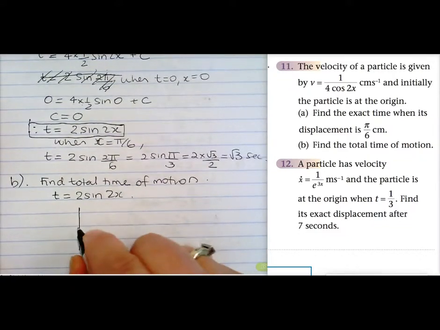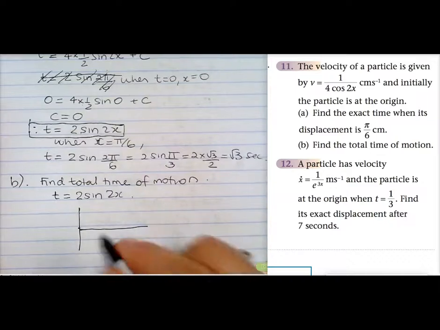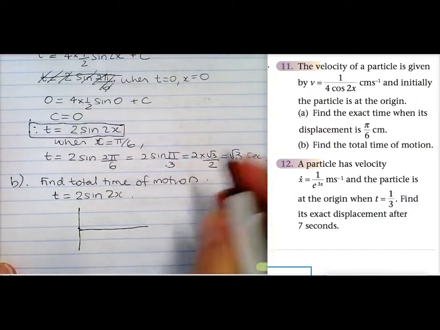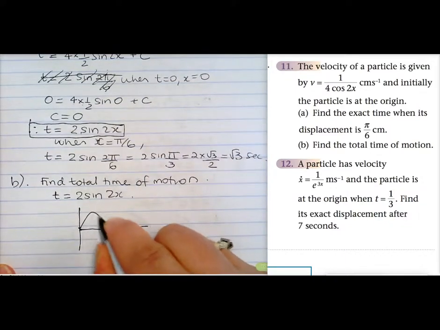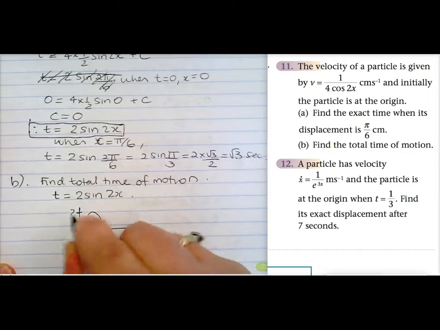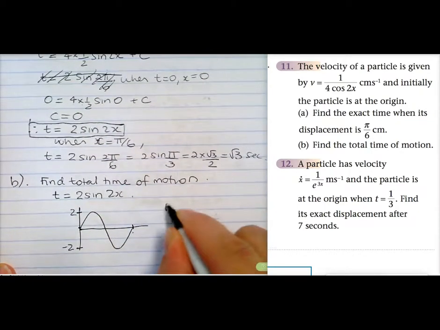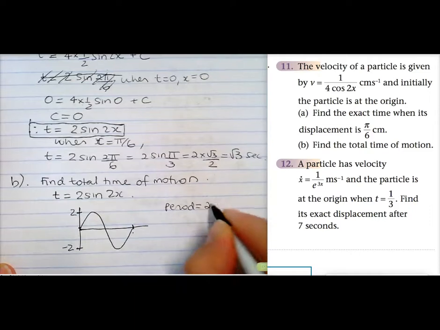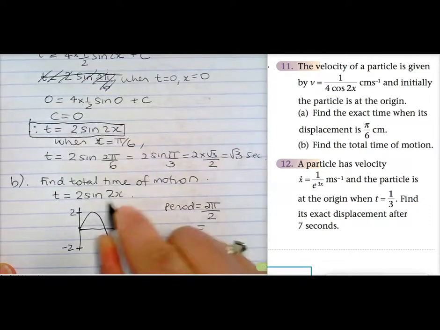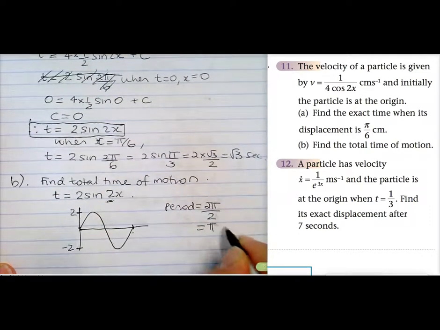So I'm going to do a sketch. What does it look like? Sine curve, amplitude what? And you can just draw it, and then the period is 2 pi over 2, because it's got to do with that 2, which is pi seconds. So the time of motion is what?